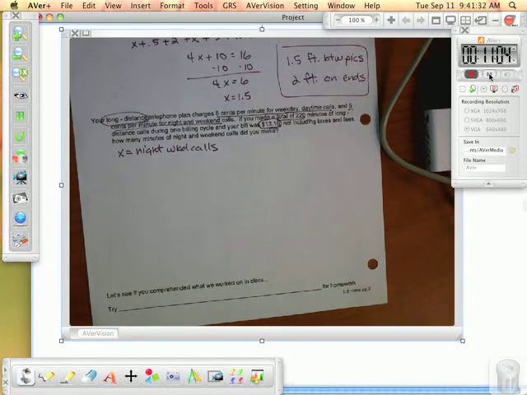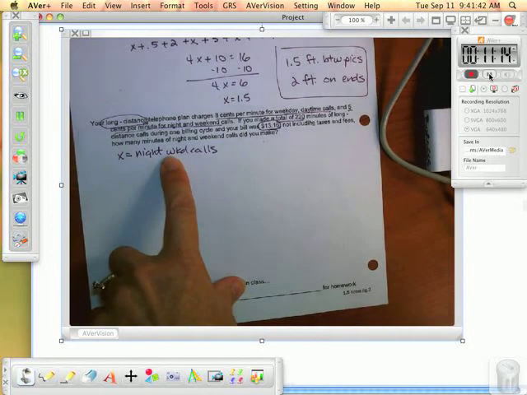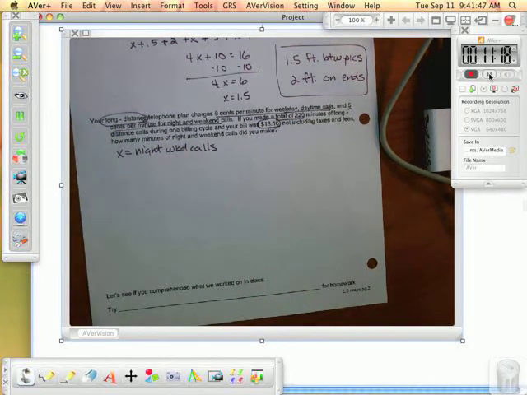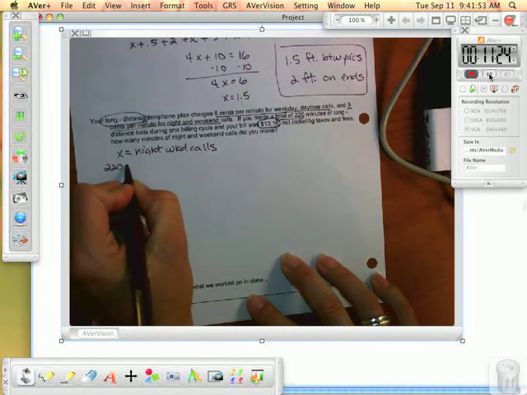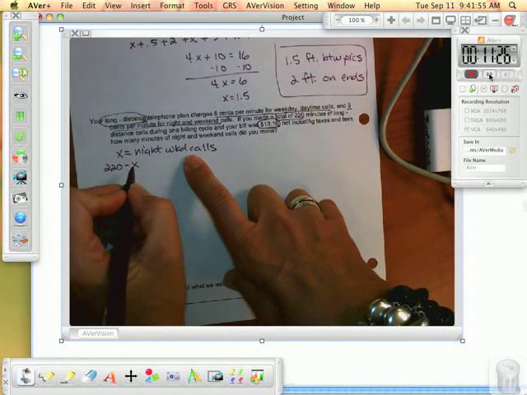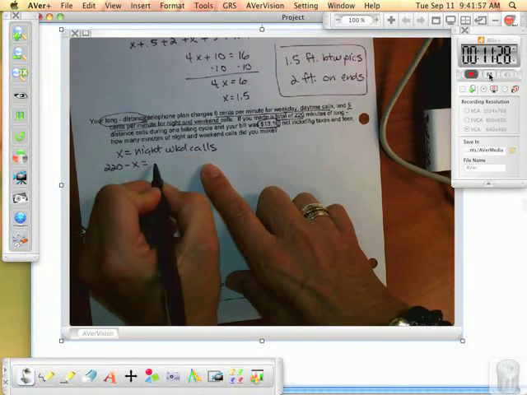So how can I represent weekday and daytime calls? It's kind of like what we did a couple days ago. If they're not night and weekend calls, they're weekday calls, right? What was the total that I had altogether of both? 220. So wouldn't I be able to say 220 minus whatever night and weekend calls I make has to be my daytime calls?